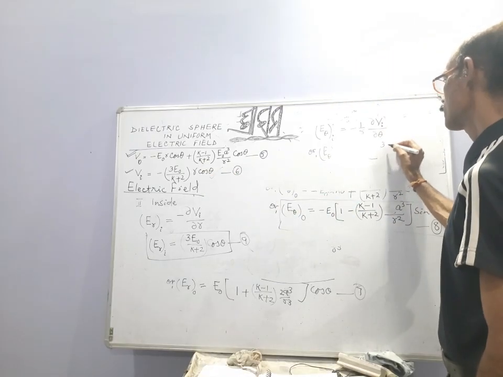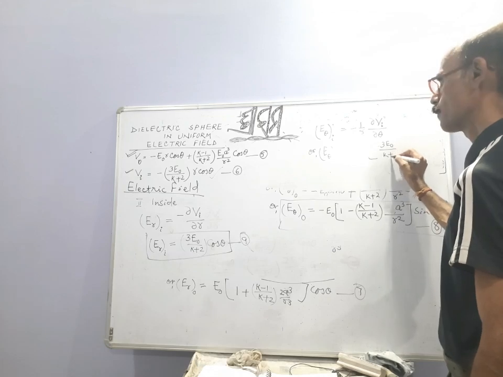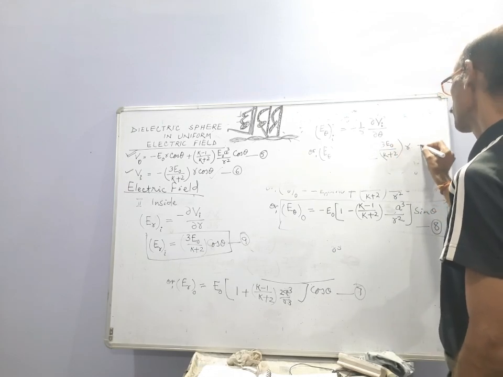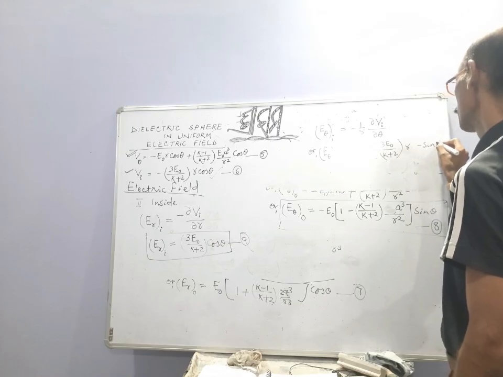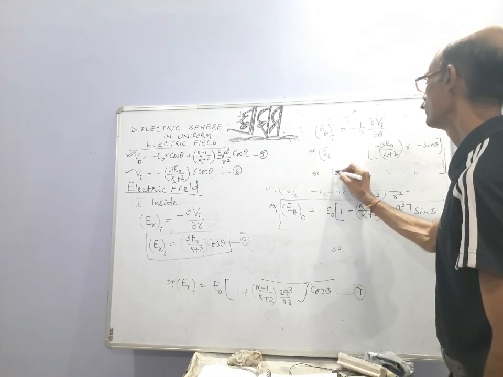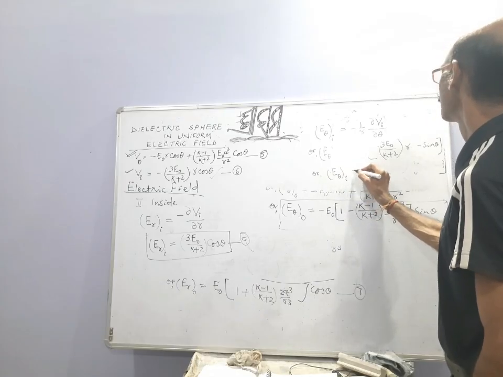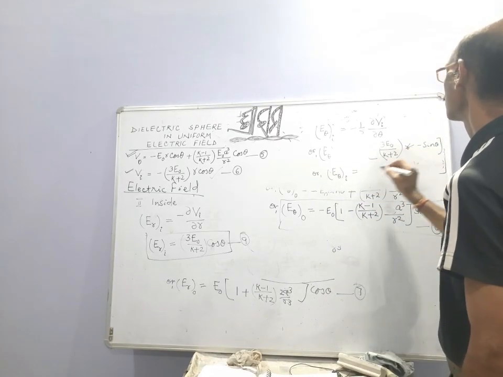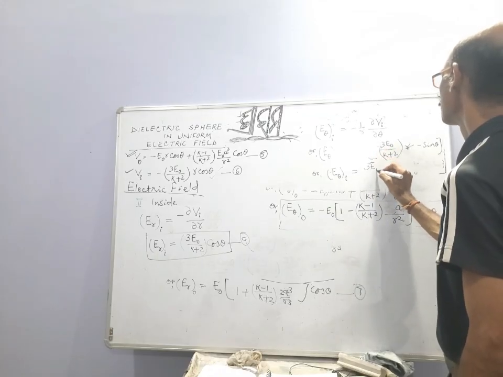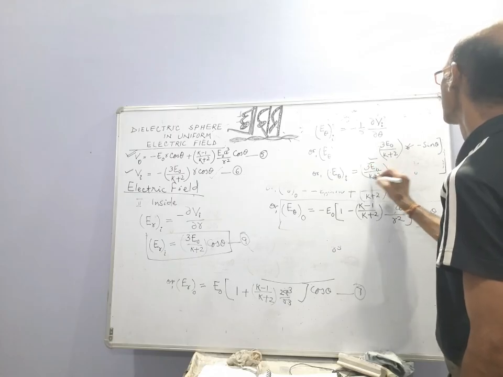So minus 3 by k plus 2 r cos theta, whose derivative is minus sin theta. Hence we have E theta I is equal to, this r cancels out, minus minus plus, so 3 by k plus 2 sin theta.